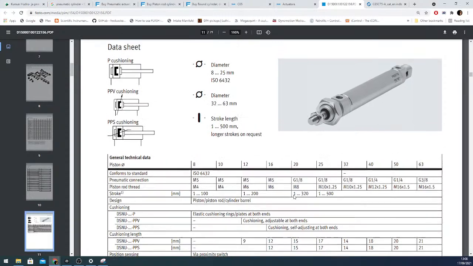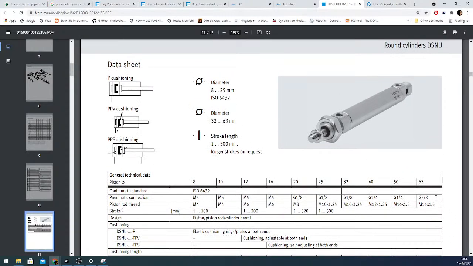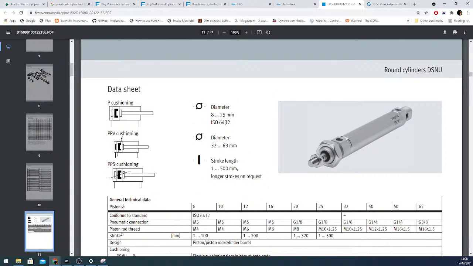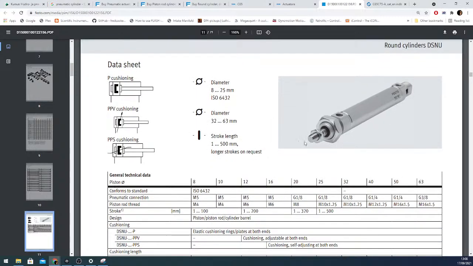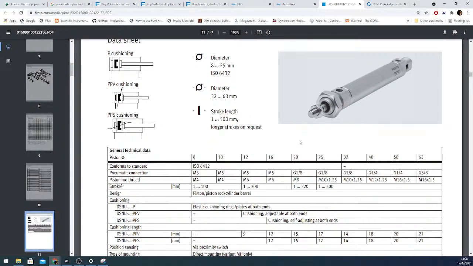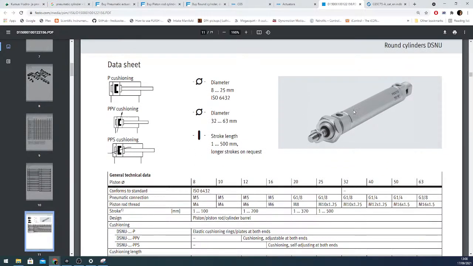And of course the catalog continues with the exact models of the cylinders and options for those cylinders. So when we are choosing the cylinder, we are interested in the diameter. So we can see the piston diameters here on top. Then by the diameter we can see what kind of connections we are using for the couplers.